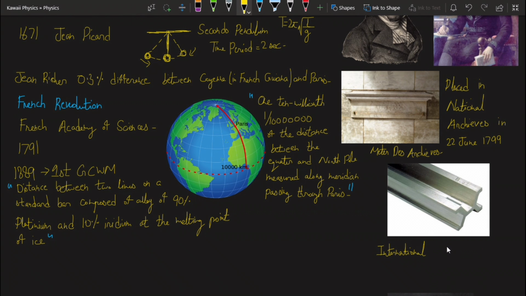International Meter Prototype. So that solved the problem that was occurring in the first meter, that was meter des archives.